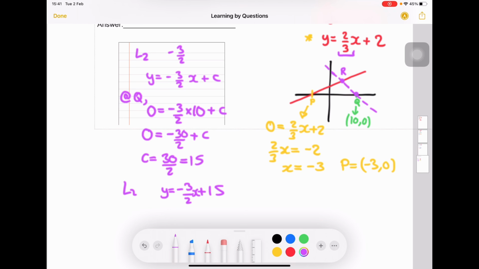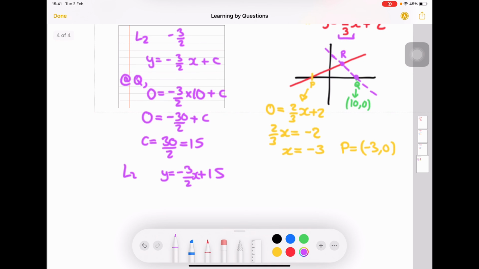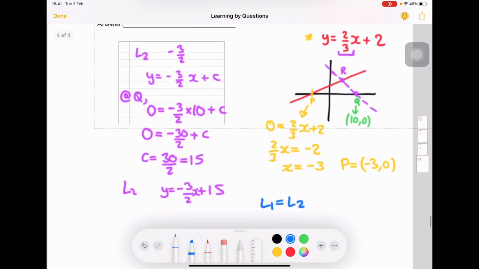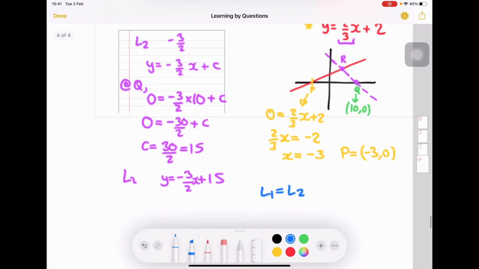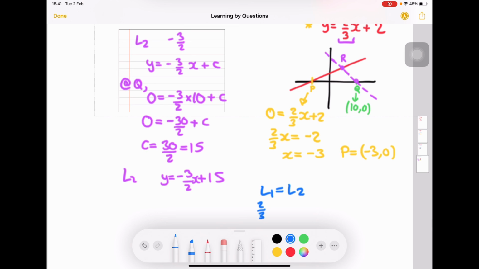Now the point R is the point of intersection between L2 and L1. So that is when L2 is equal to L1. So L1 is 2 over 3x plus 2 equals negative 3 over 2x plus 15.